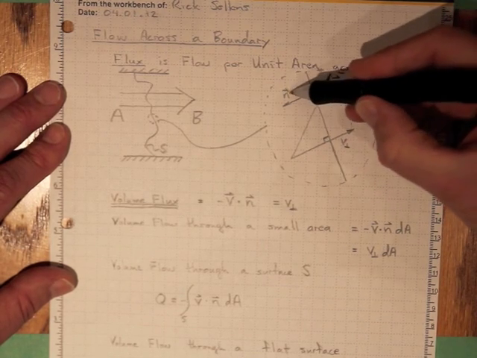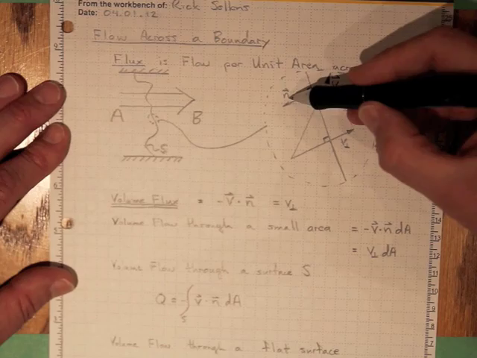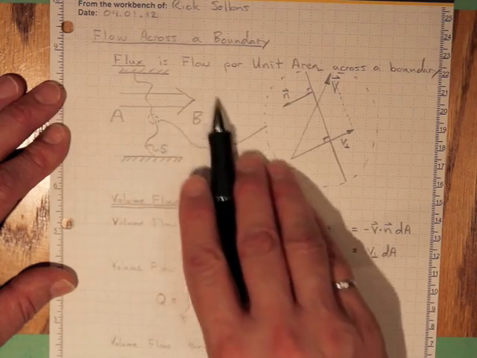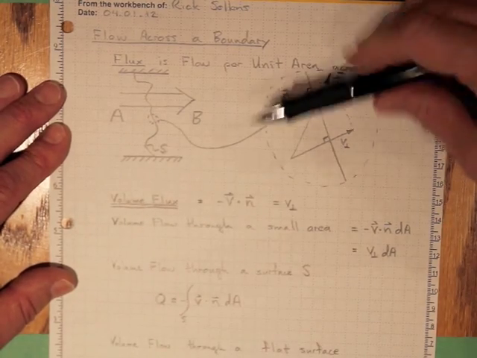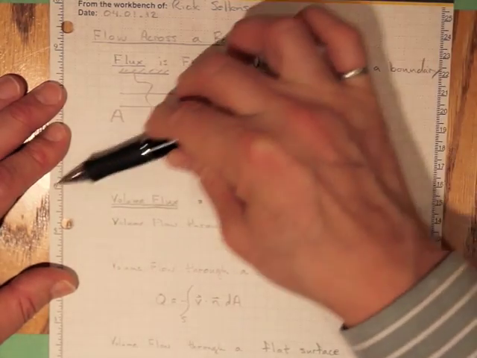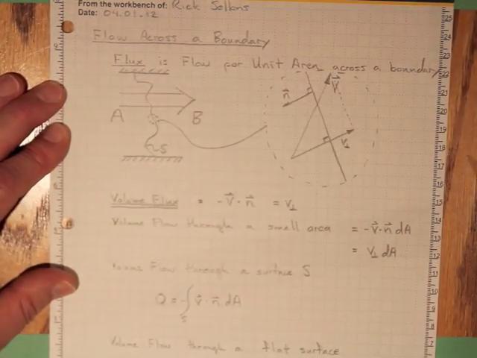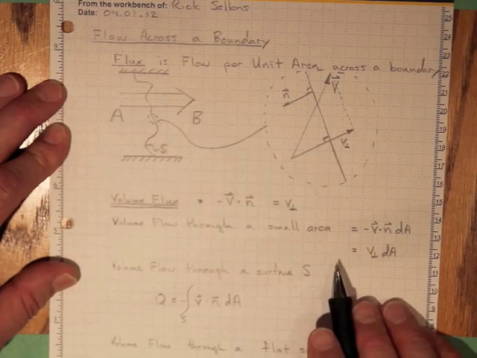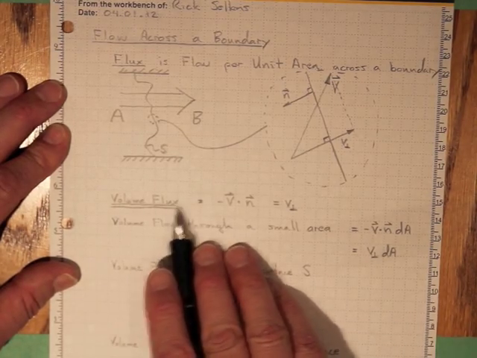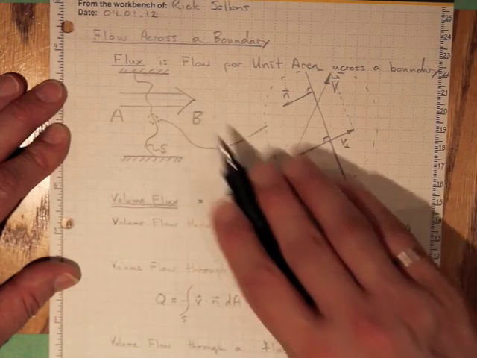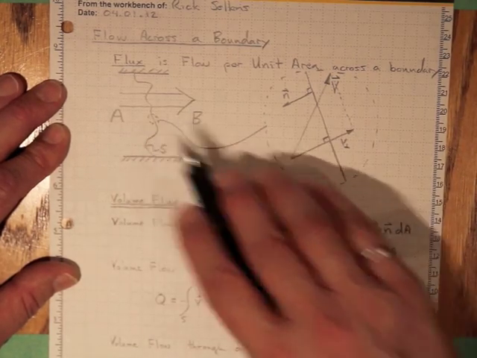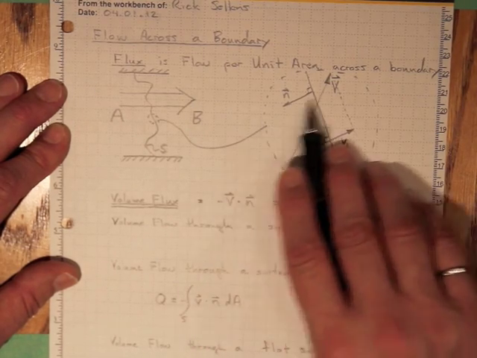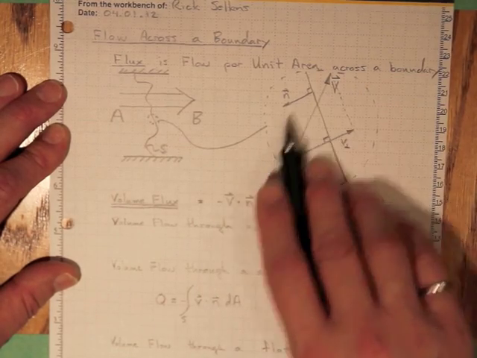The convention is to always have a unit normal vector pointing out of the surface. So we're looking at the flow going into region B, so the unit normal vector is pointing out of the surface, away from region B. So the volume flux coming into region B at this location is negative, because it's the opposite direction of the normal vector.